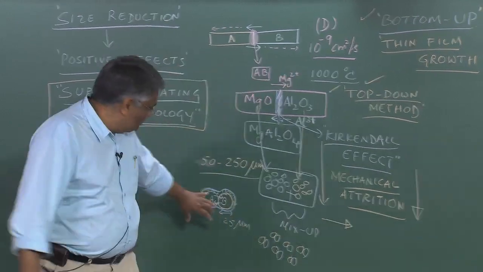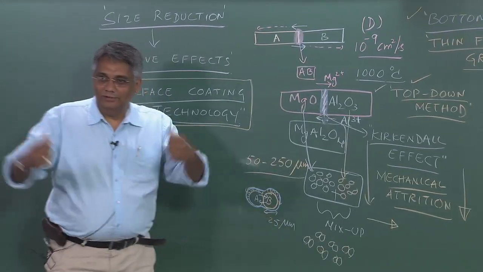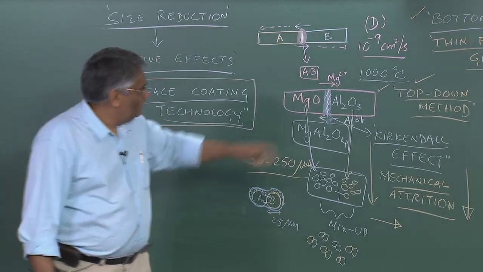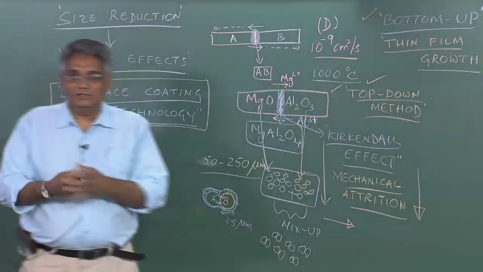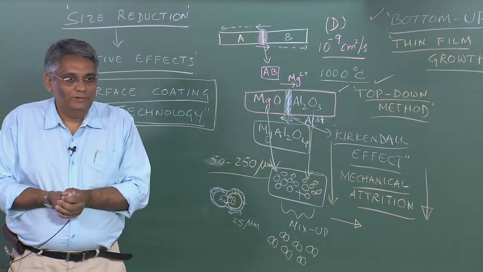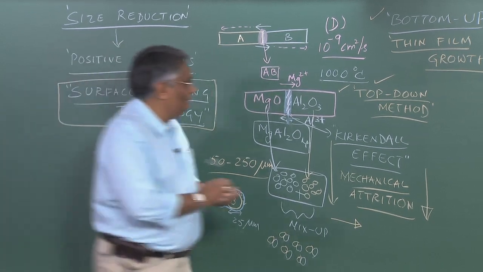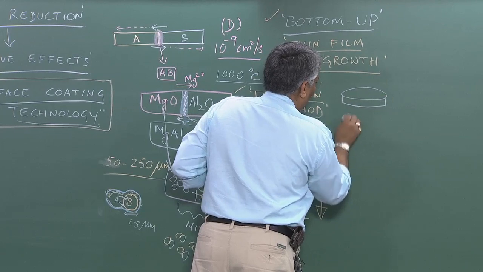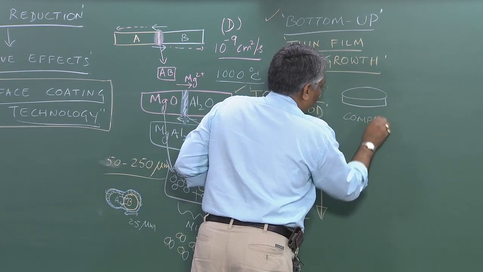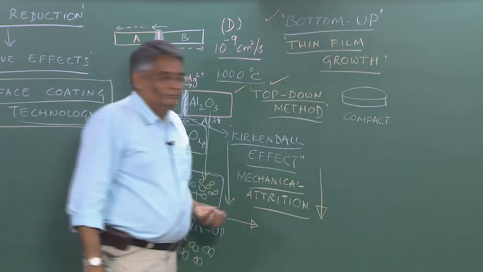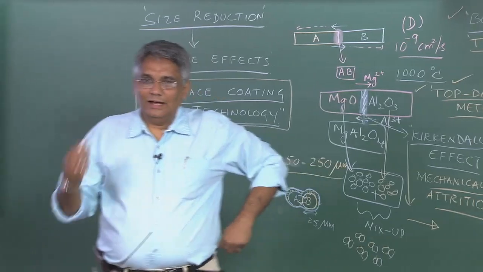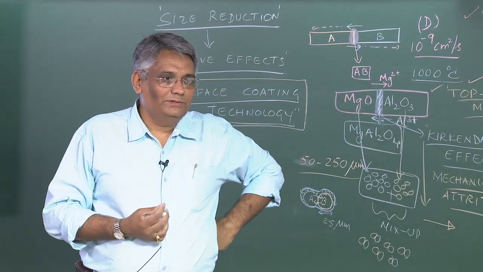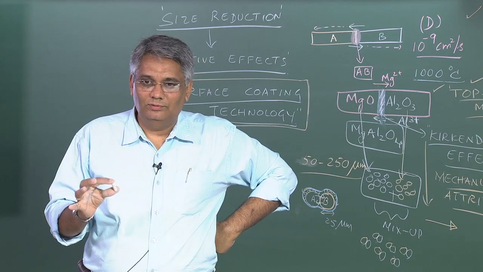So you get these particles, and finally, to grow a solid state material into a thin film form, you need to get it in a compact form. Is it not? Even if you have to do a physical property measurement, it has to be in a compact form.